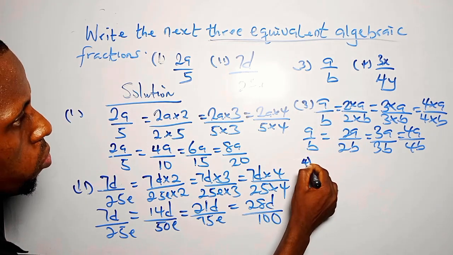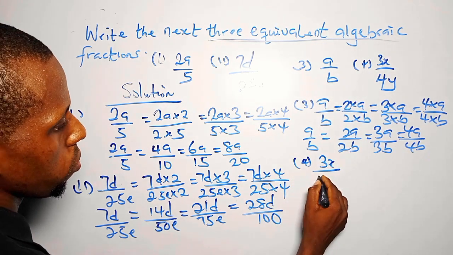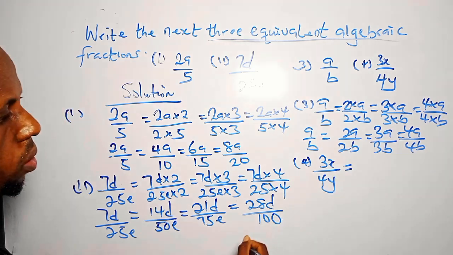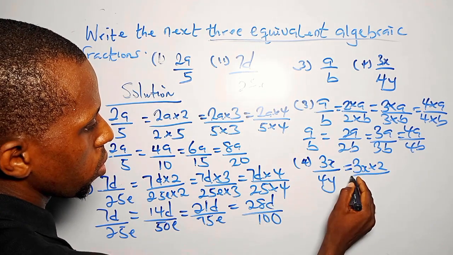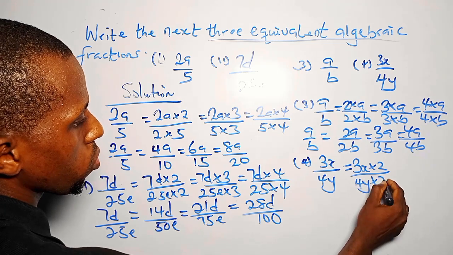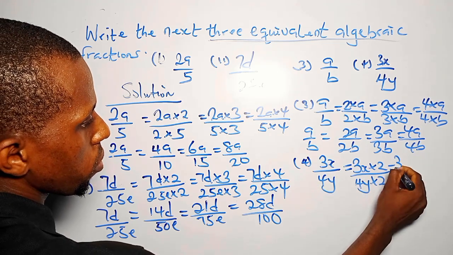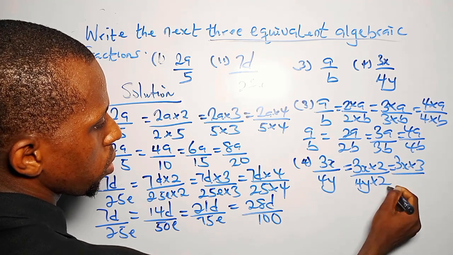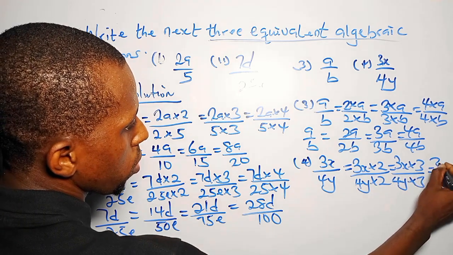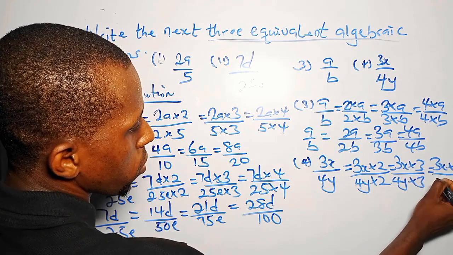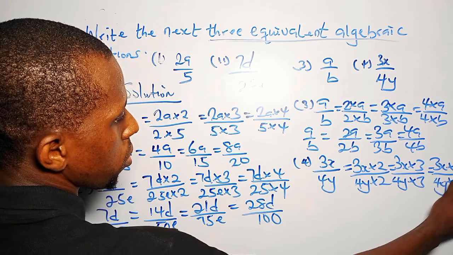For the fourth one, we have 3x divided by 4y. When we multiply this with 2, we have 3x times 2 over 4y times 2. Then 3x times 3 over 4y times 3, and 3x times 4 over 4y times 4.